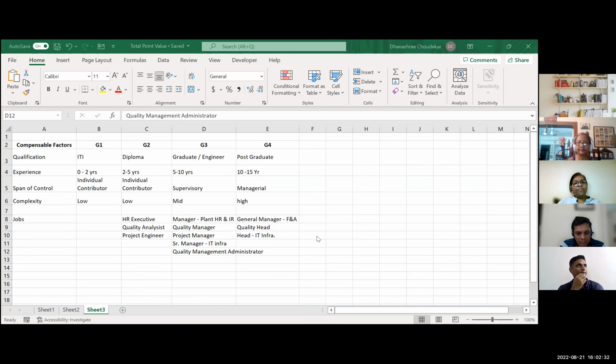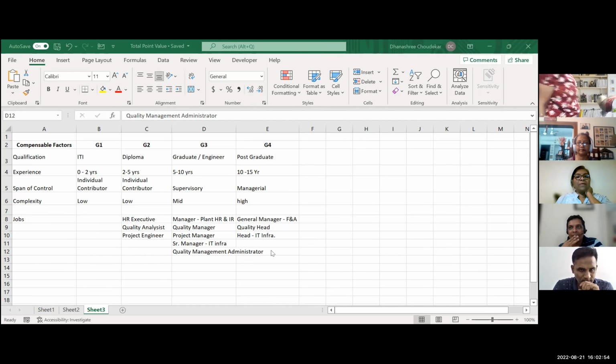Like in grade 2, we have mapped the HR executive, quality analyst, and the project engineer. Whatever the JD we had, based on the understanding and this mapping, we did this job mapping.